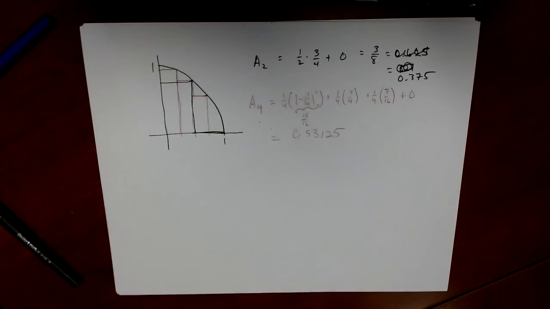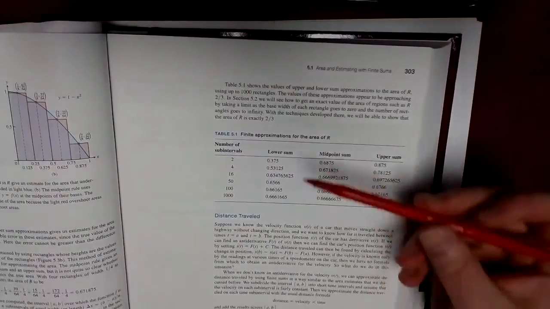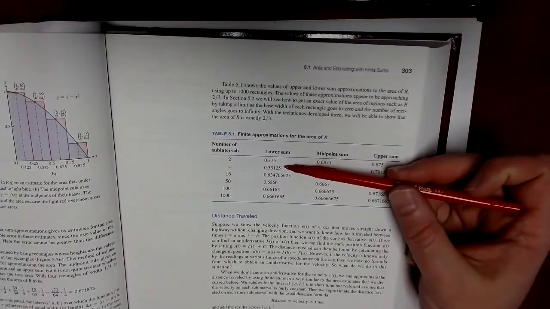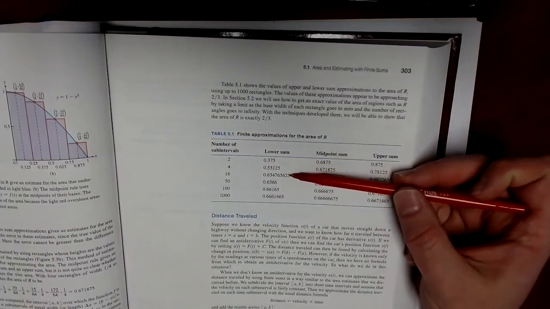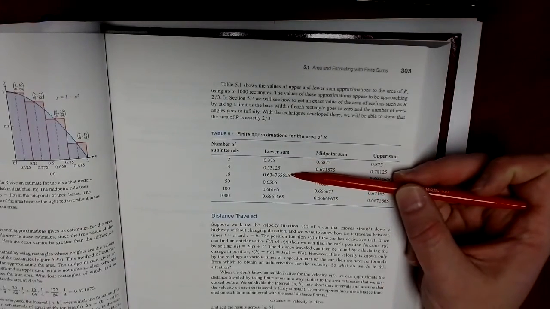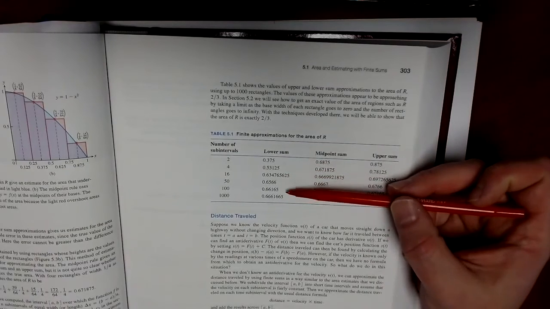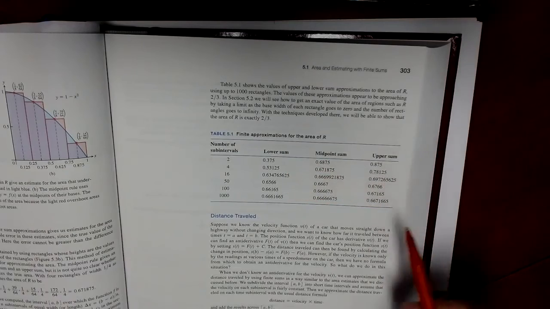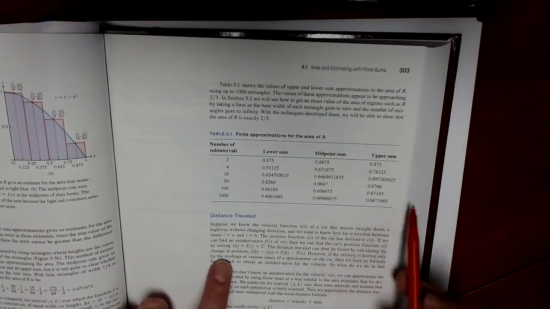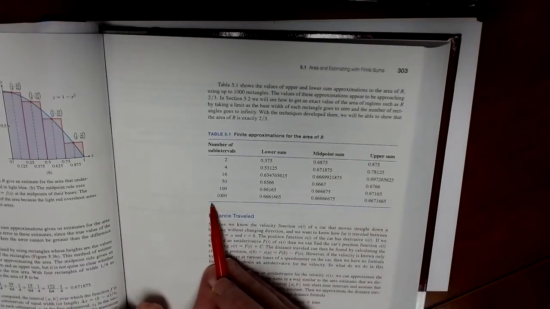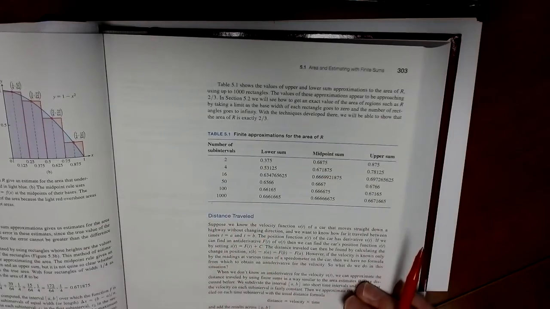And we see, like I said a minute ago, that these tend upward. So at 16 rectangles, we're up to 0.63 and change. And by 100 or 1,000 rectangles, we're up really close to 2/3, but just below it. And so my overestimate seems to be decreasing to 2/3, and my underestimate is increasing to 2/3.